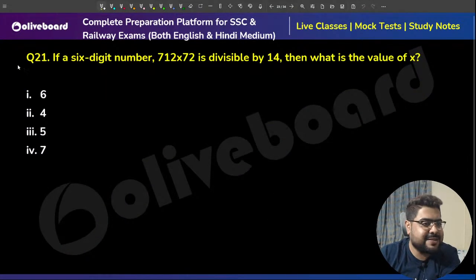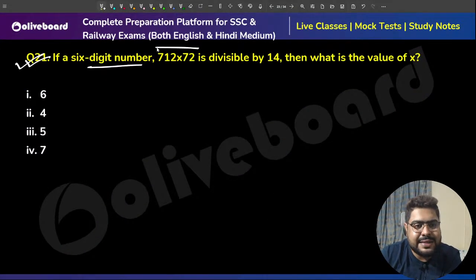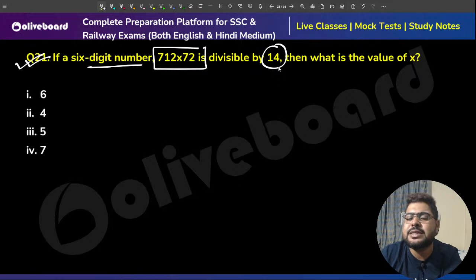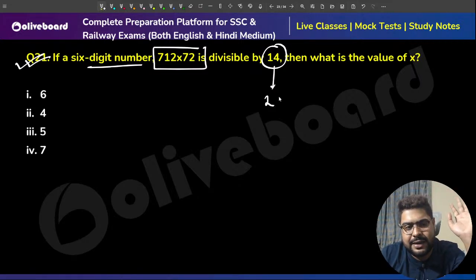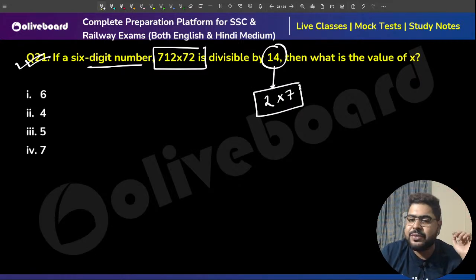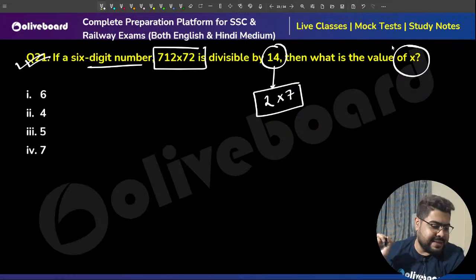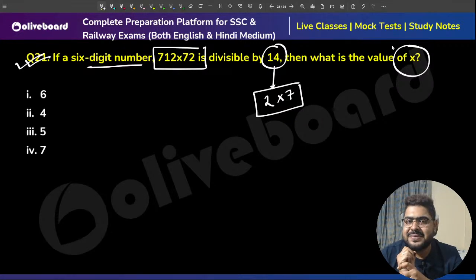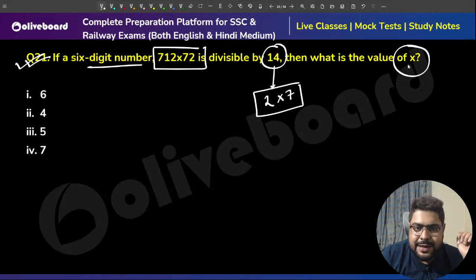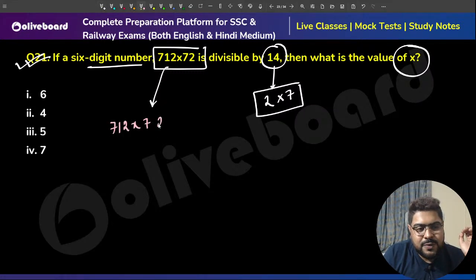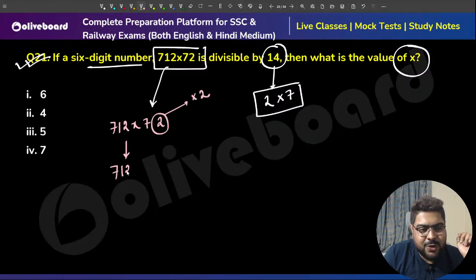Sir, next question. A 6-digit number is divisible by 14. Divisible by a composite number, meaning 2 into 7. We need the value of x. Sir, what was the divisibility rule of 7? It is a little tricky. The number is 712x72. Take the last digit and multiply it by 2. What remains is 712x7.